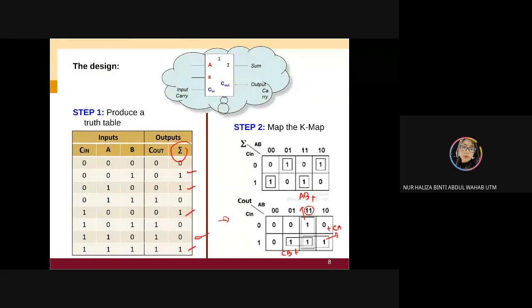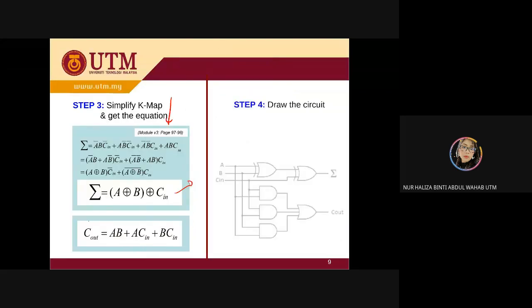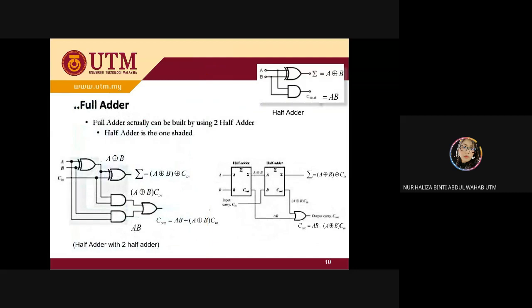You just can remember how the full adder looks like, what is the expression for the carry, what is the expression for the sum, and what it basically looks like inside the full adder.